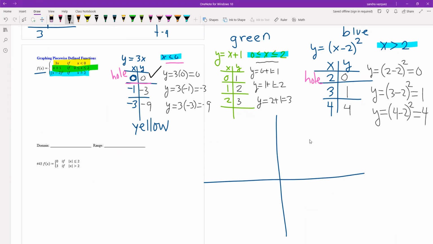So I'm gonna start here. So I'm gonna label 0, 0, not equal to, so just a hole. Put a hole right there. And then -1 and -3. Right here. And then -3 and -9.